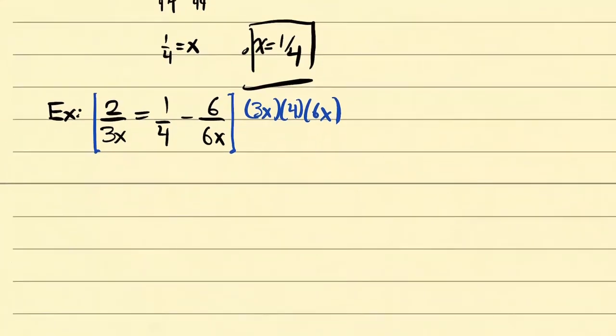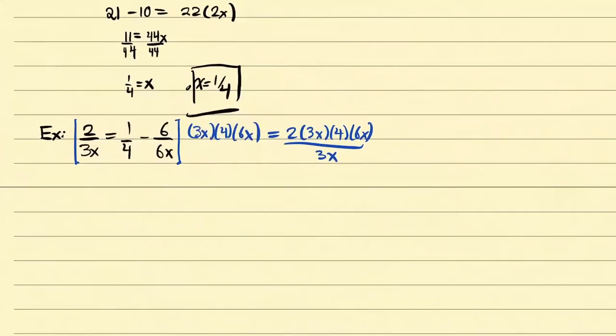So I'm going to distribute this 3x times 4 times 6x to every part of the fraction. So this is 2 times 3x times 4 times 6x over 3x. That's the first part. Is equal to 3x times 4 times 6x over 4.